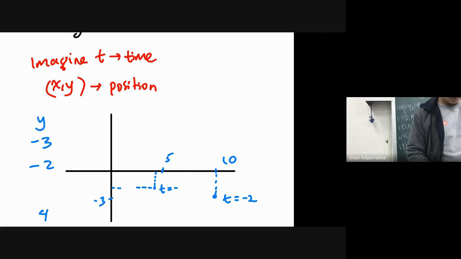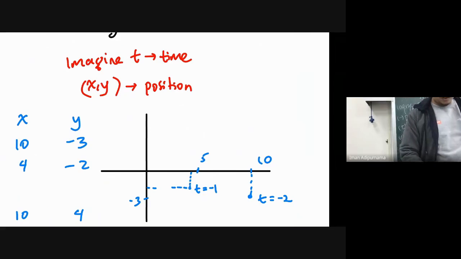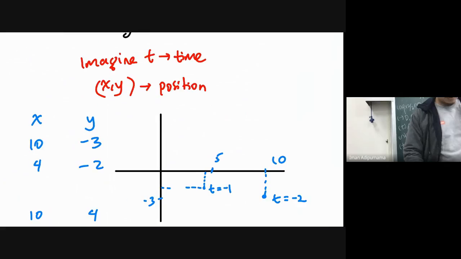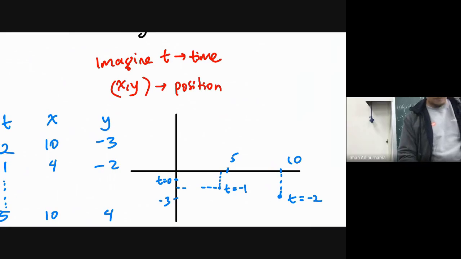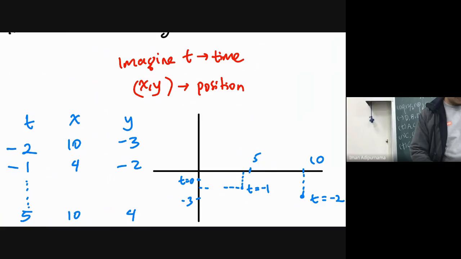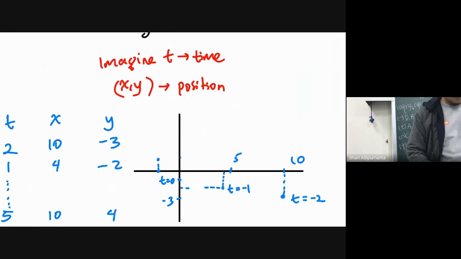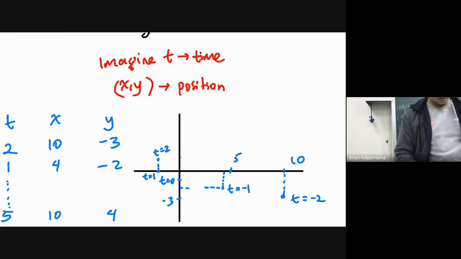Let's say this is t equal negative 1. And when t is 0, the x is 0 and this is negative 1. So t equal 1, t equal 2. And then t equal 3 is 0, 2 is maybe.